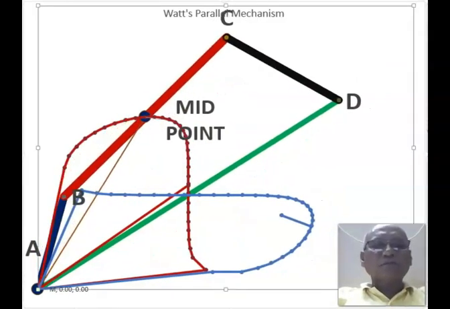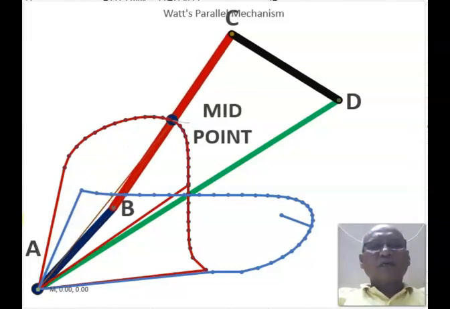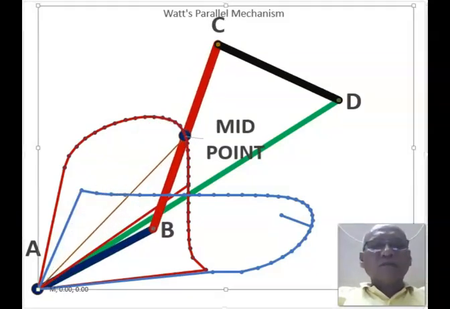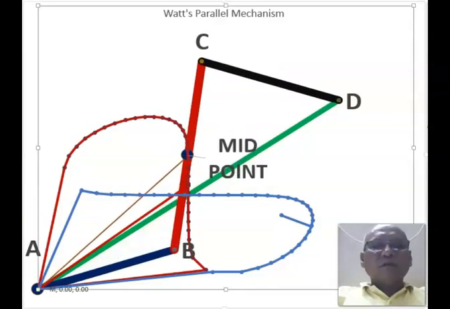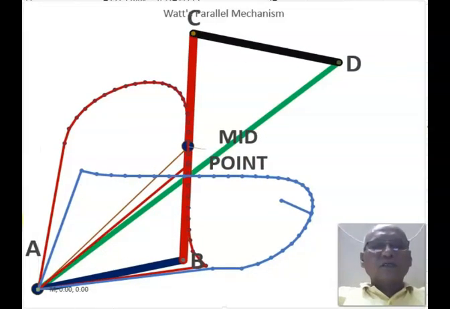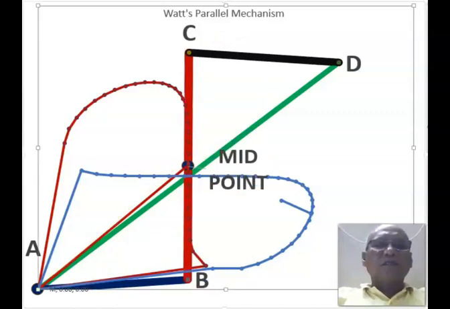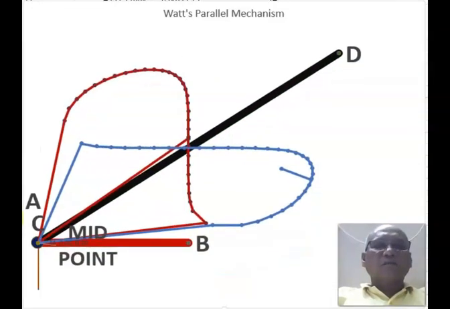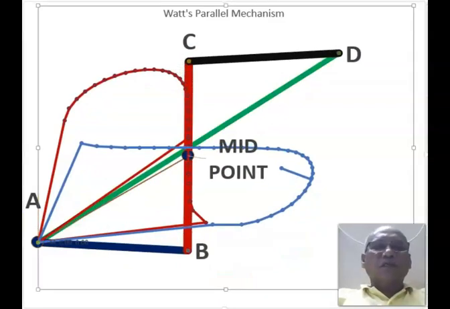So this is the complete graph of the movement of the midpoints, and this is a vertically straight line. In mathematical modeling it is getting distorted due to this zero division, but in the actual graph it will not happen like that.